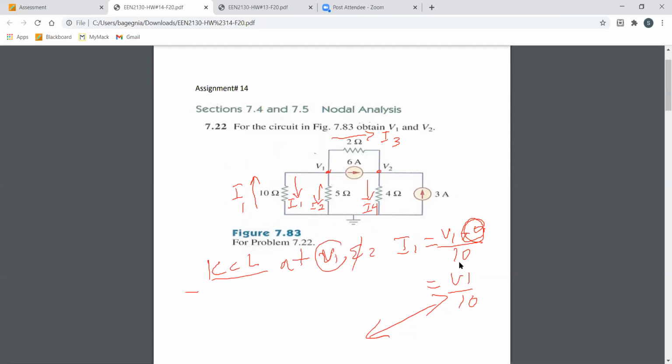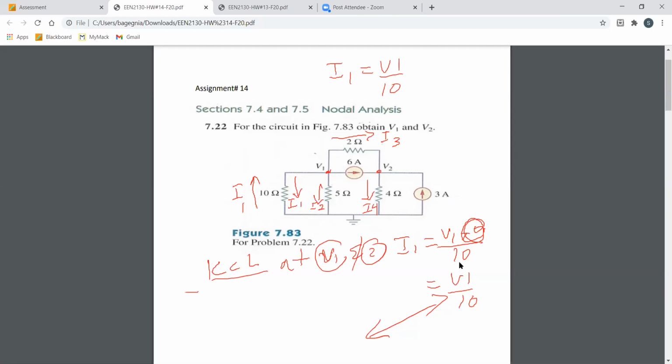and V2. Now, again, if you want to write down the equations of all the currents in terms of voltages, you could do that, make them ready before you apply KCL.